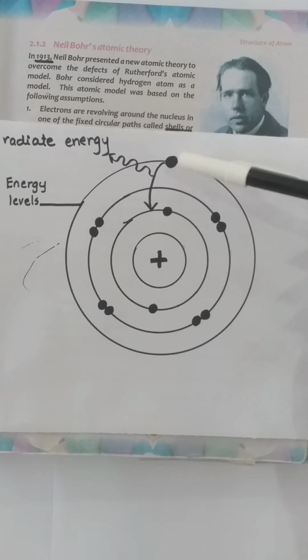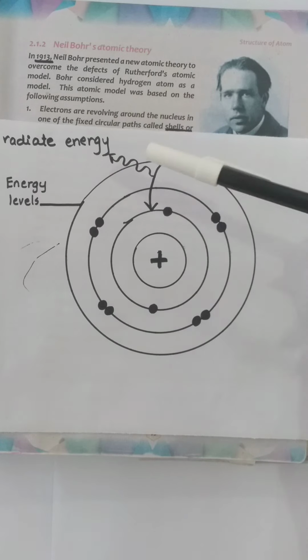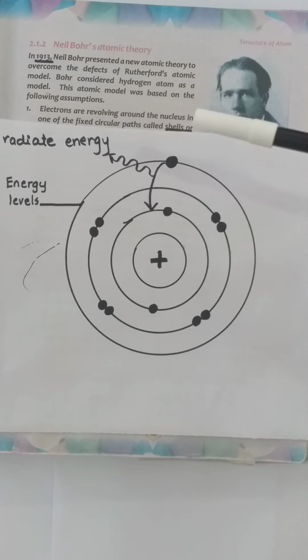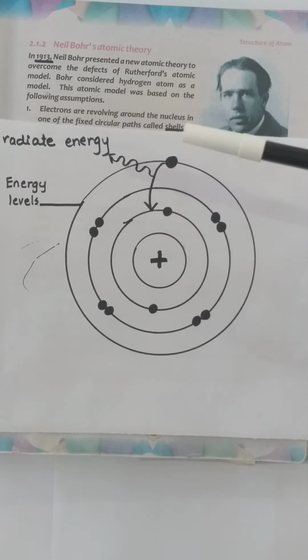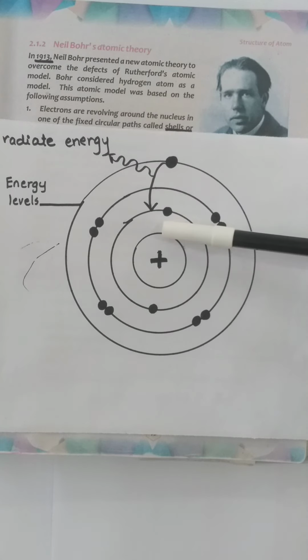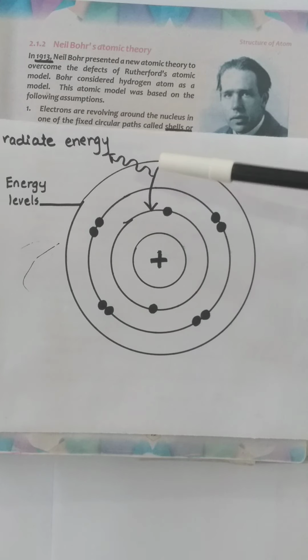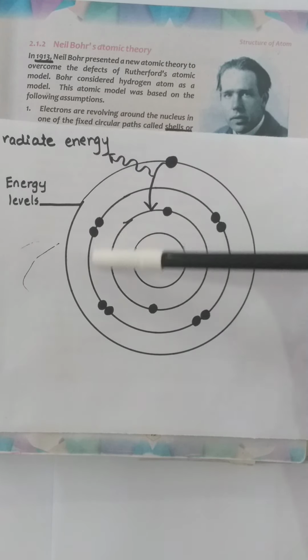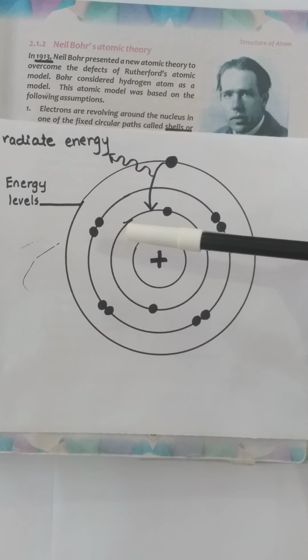Like this, if it moves downward, it is going to release the energy or radiate the energy. Why? Because it is having higher energy. Higher energy है इसकी, और जब ये lower energy level पे आएगा तो it needs to release the extra energy to adjust in the lower energy level.